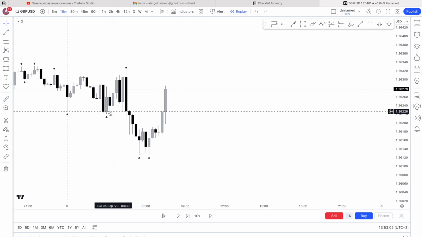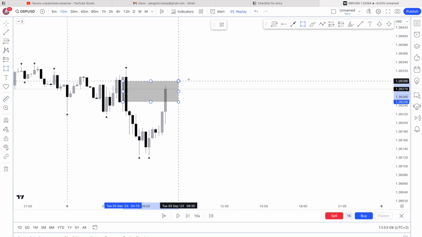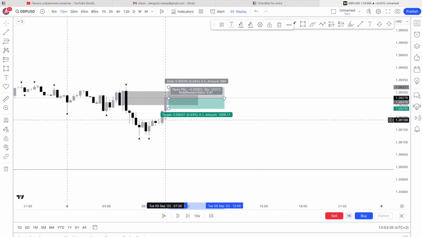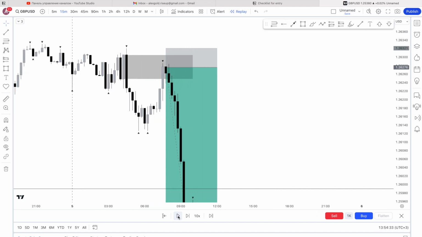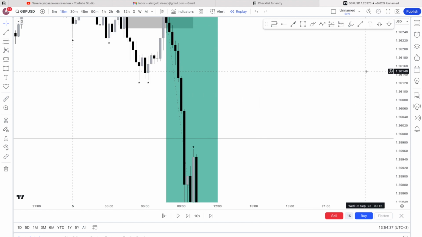We can see a structure break within the POI, forming an order block from which we can open our position. The stop loss is higher than the last high and the targets are those we marked on the daily time frame, both short-term and long-term. As we can see, our trade worked out well and we closed the first target.